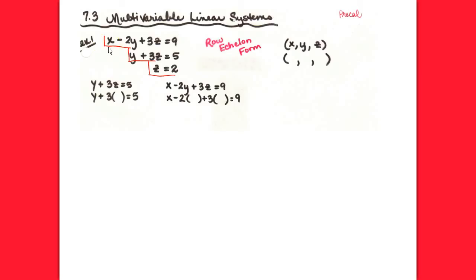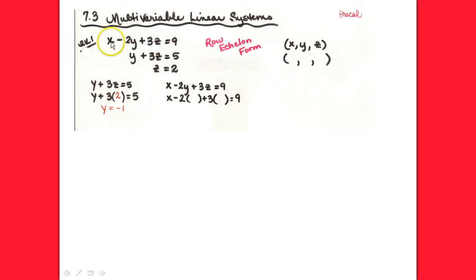So let's start with, if z is equal to 2, let's take that equation that only has 2 unknowns in it, y plus 3z is equal to 5, and let's put 2 in the place of z. So if we put 2 in the place of z, we'll have y plus 6 equals 5, so what's y? -1, yes.